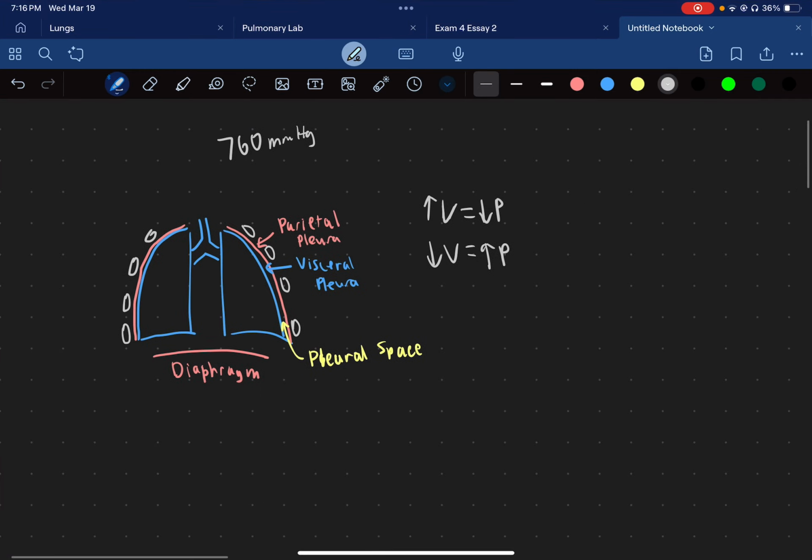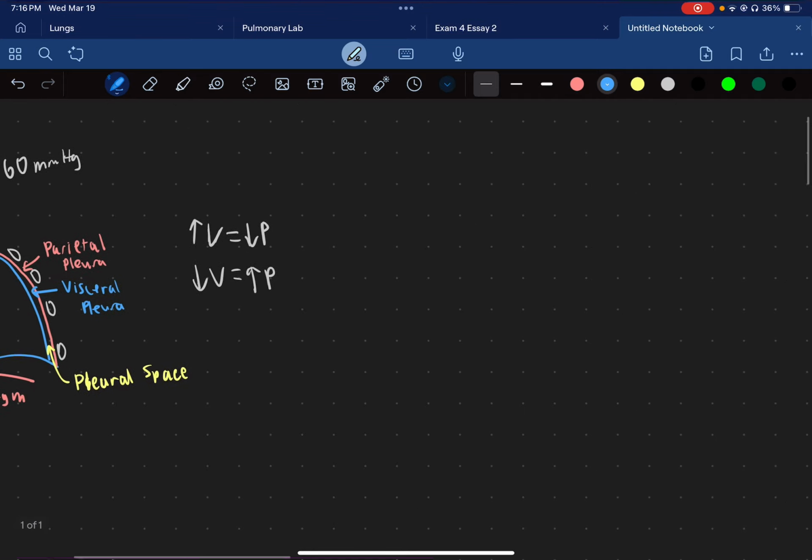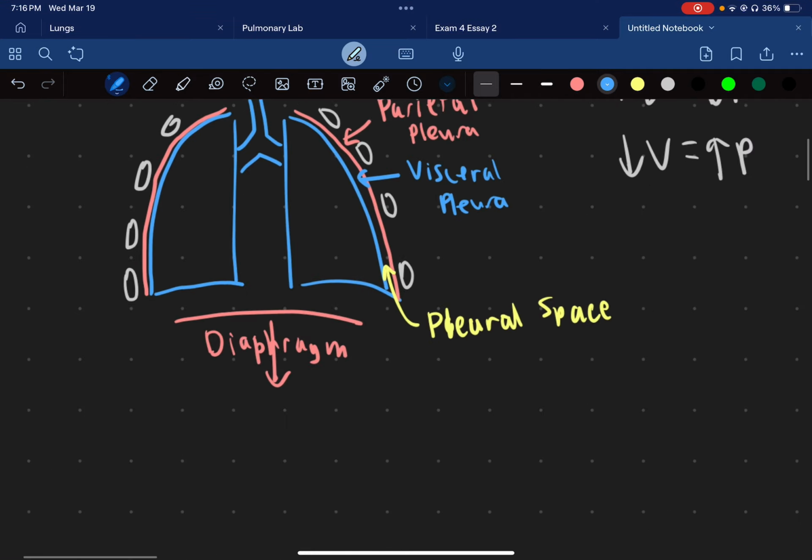So, like I was saying before, as the diaphragm contracts and goes down, our lungs are going to follow and increase their volume.